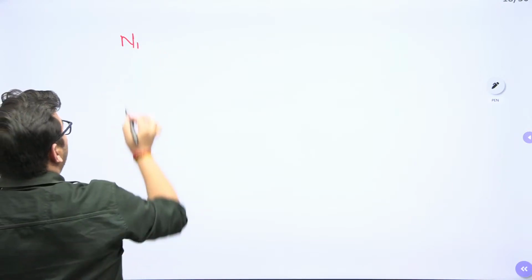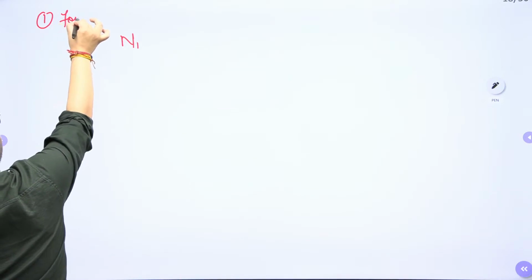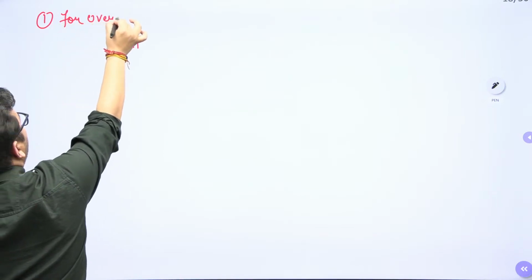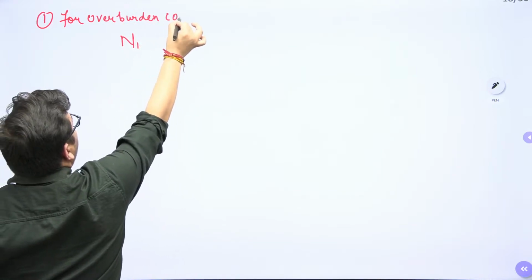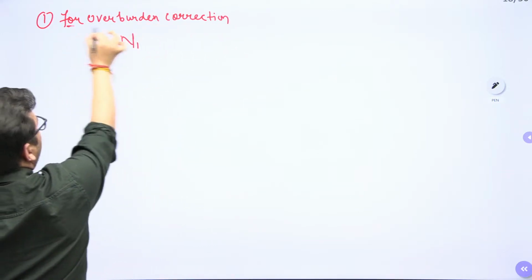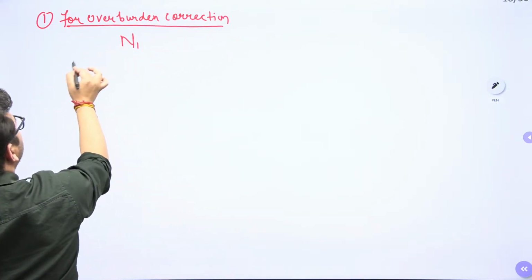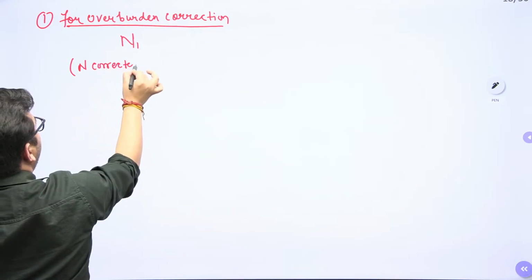So let's suppose this N1, after applying the overburden correction, is your N corrected.